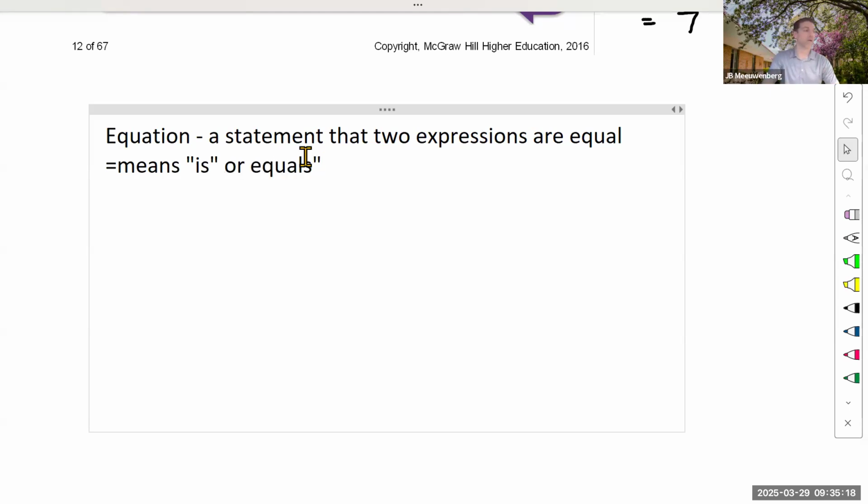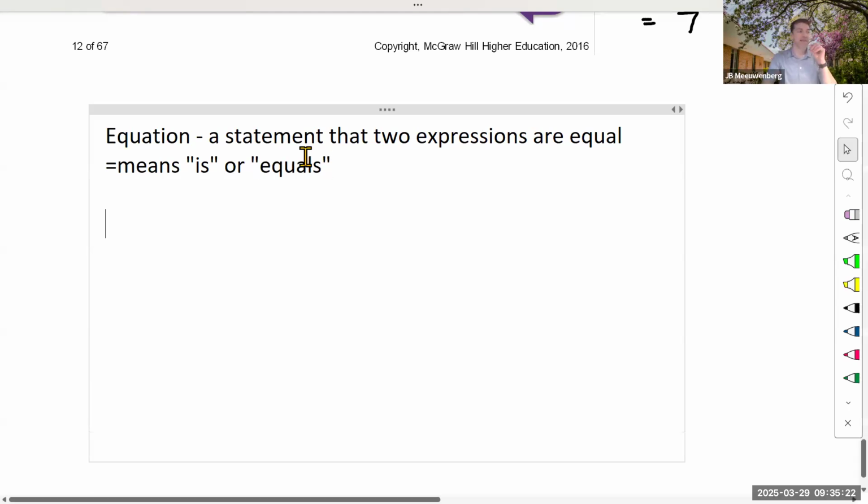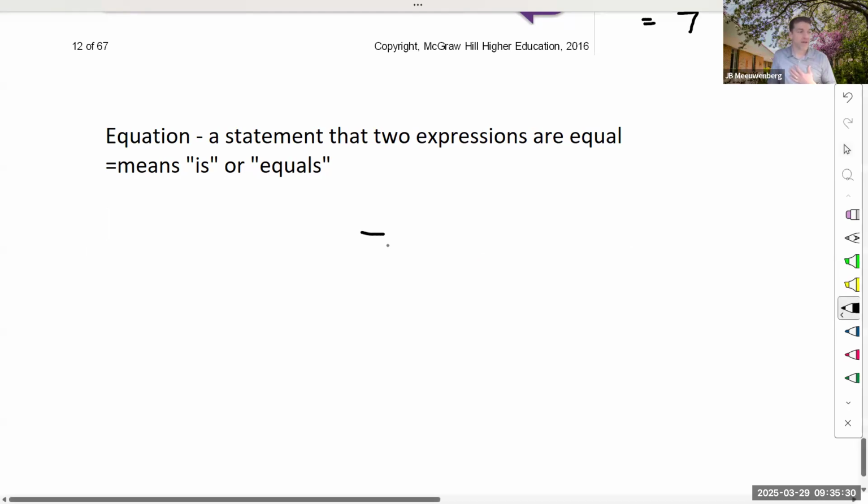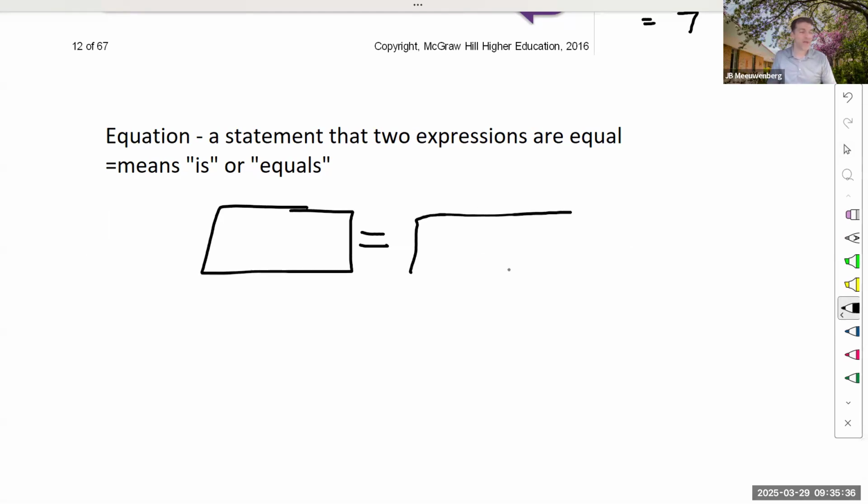So that's what our symbol means. And that's a really important thing for young people to learn. The equal sign is stating that whatever we have on both sides of that equal sign are equal to each other, okay? It means that they have the same value.